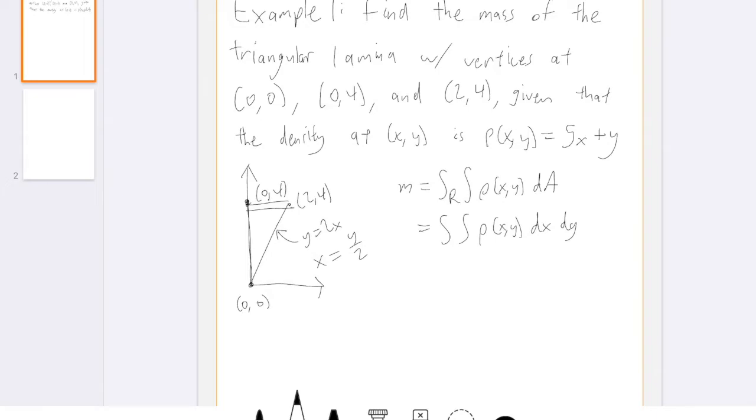So if we look at this row here, it goes from x equals 0, all the way over to this line, which would be x equals y over 2. So the bounds for the x integral will be 0 to y over 2. And then remember, we're adding up a bunch of these rows, so we're going to go from y equals 0 to 4. And then we're just going to substitute in our density function.